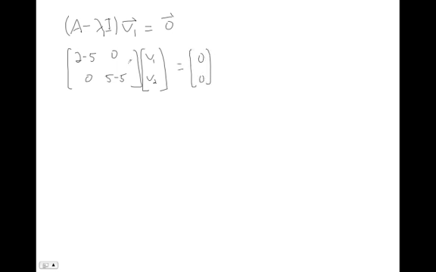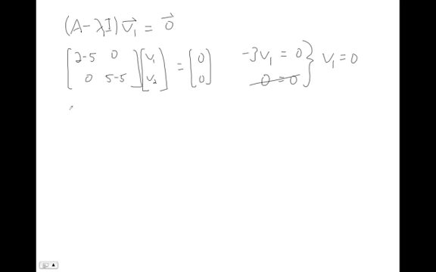So I work these equations out, and this top equation becomes minus 3 times v1 is equal to 0, and the bottom equation becomes 0 times 0 equals 0. So this is just worthless. And so when I boil this down, I only get one constraint. Minus 3 v1 equals 0 means that v1 has got to equal 0. But there's no constraint on the second element at all.